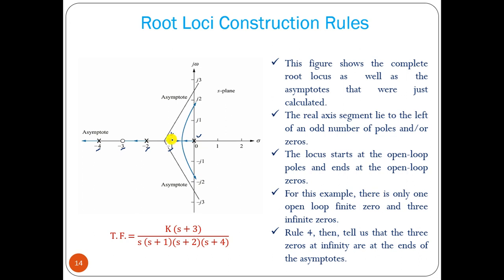At this point we can see one pole, so root locus exists; at this point two poles, so there is no root locus path between these two areas; and at this point on the right hand side three poles, so there is root locus path. At this point on the right hand side 4 poles and 0, so no root locus path, and at this particular point 5 poles and 0, so root locus path exists.